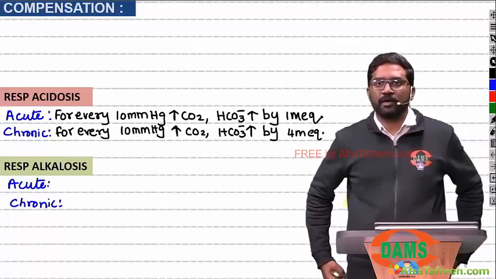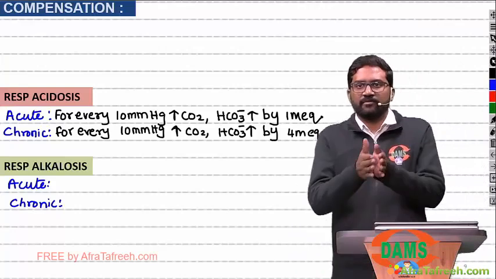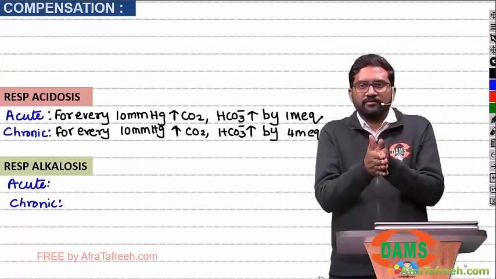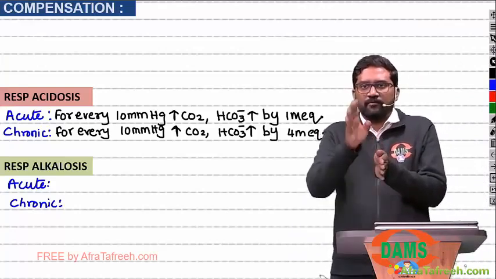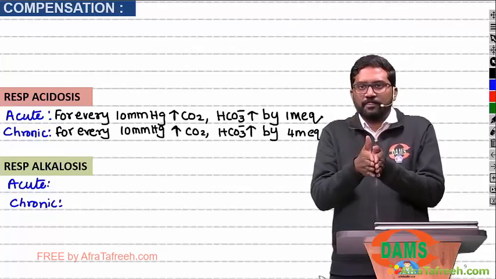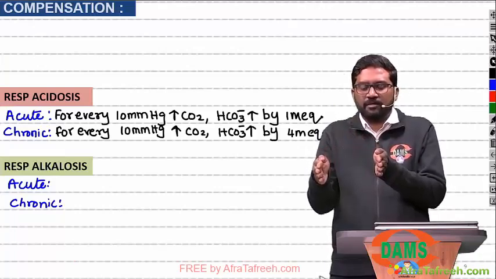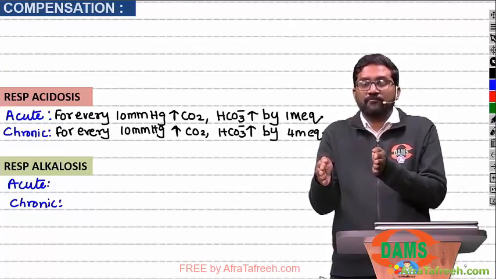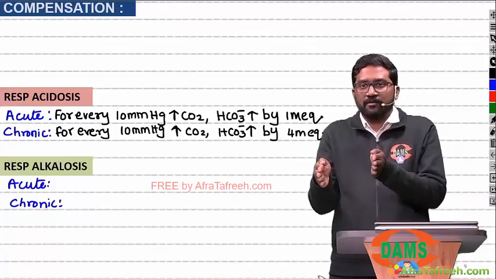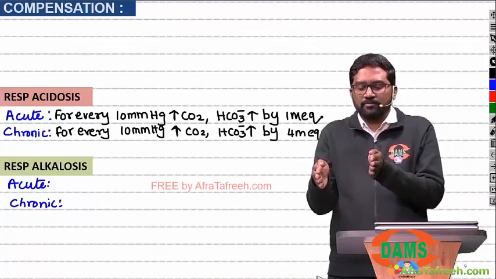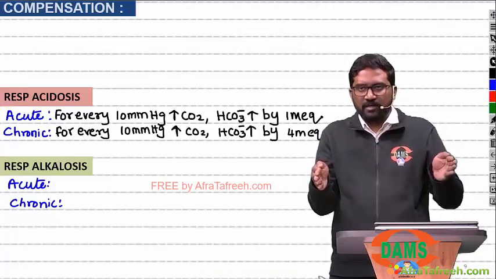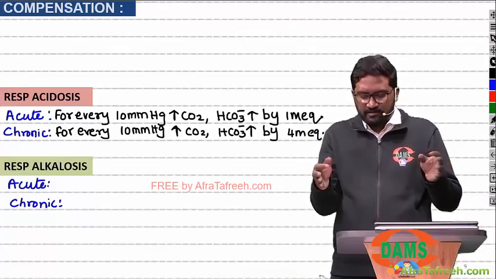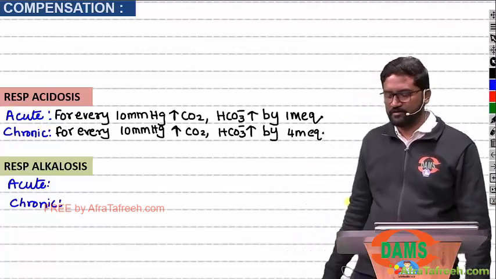Now how to calculate compensation? Say for example, because of an acute disorder, CO2 has increased from the normal value of 40 to 60. To call it adequate compensation, bicarbonate should increase from 26 to how much? For 10, it is 1. For 20, it will be 2. 26 plus 2, 28. If it reaches 28, it is considered an adequate compensatory response.